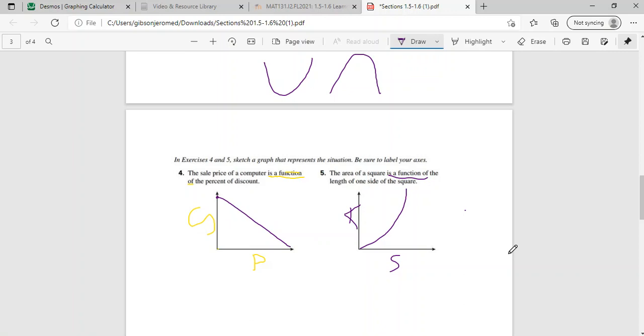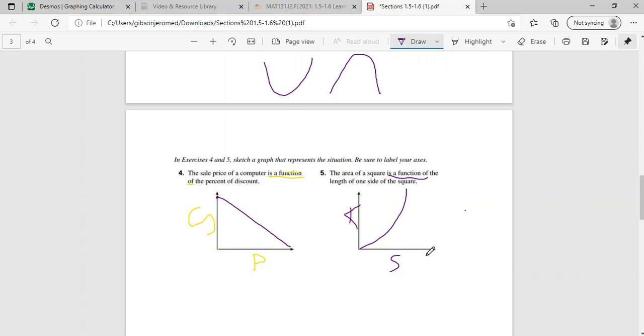Now they tell us the area of a square is a function of the length of one side of a square. So basically, if you notice, the area is going to increase faster than the length of the side, because whatever the length of the side is, you're going to multiply that value by itself. So if the side is 3, you would take 3 times 3, and that would be the area.